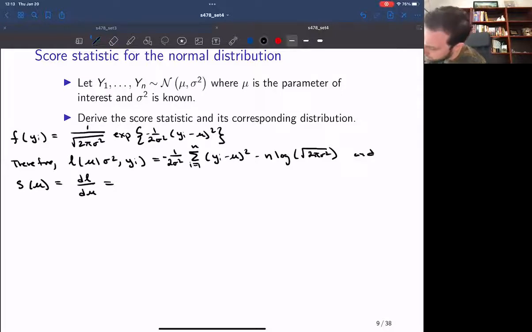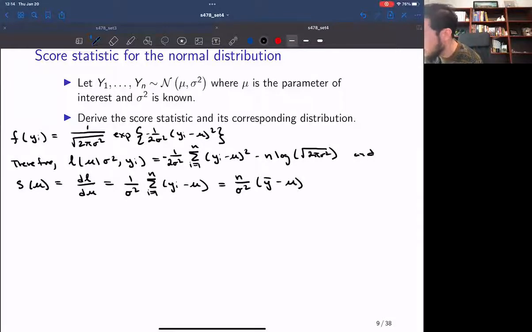So positive 1 over sigma squared multiplied by the sum from i equals 1 to little n of (yi minus mu), which is equal to little n over sigma squared times (y bar minus mu).